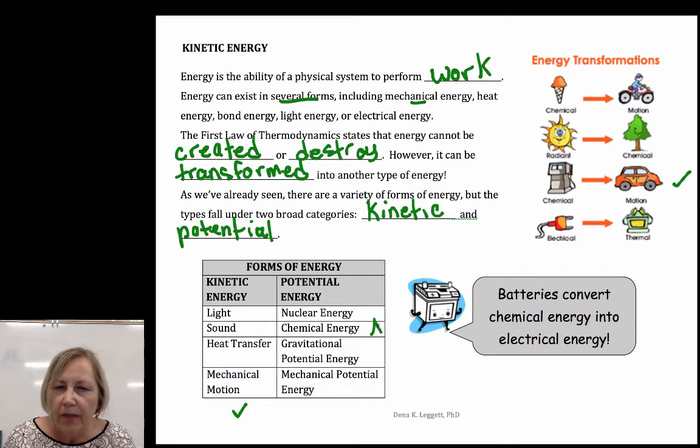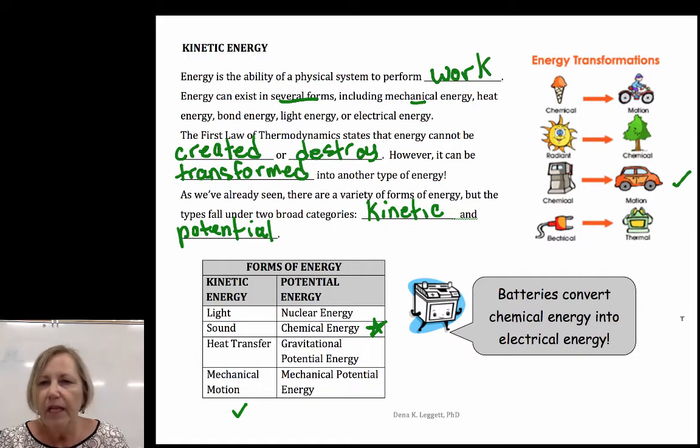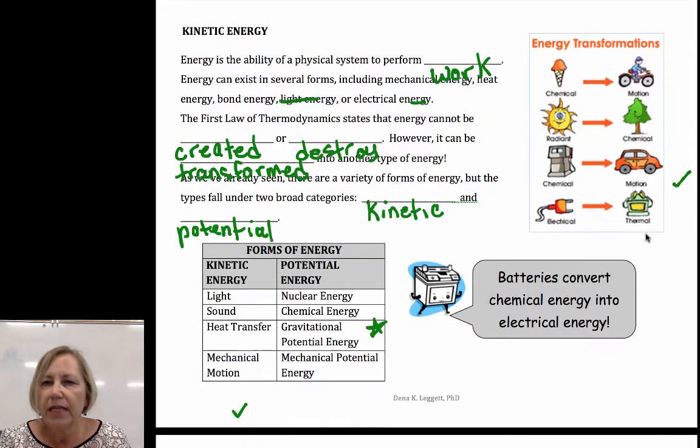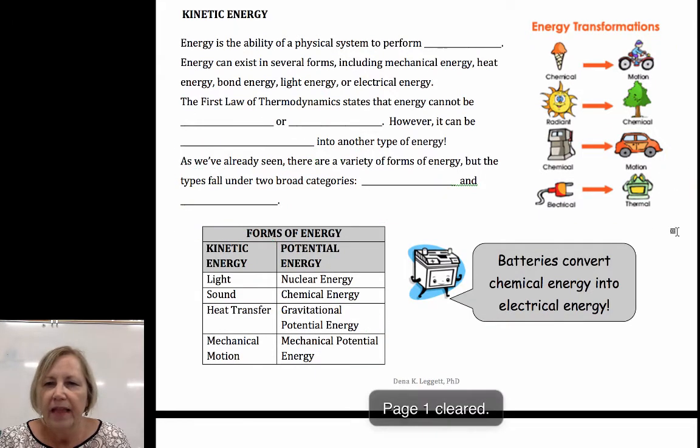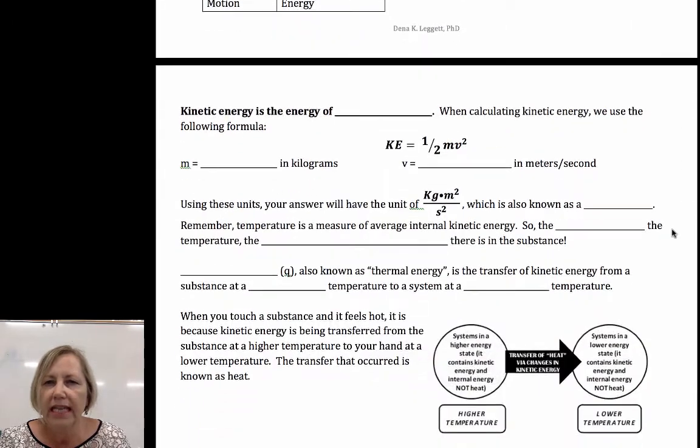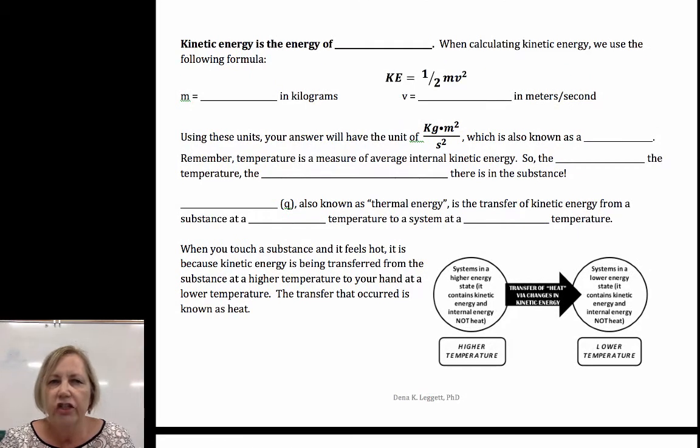And this chemical energy we have to be really careful of, and I want to address that in more depth. So let's take a look then at a little more detail on kinetic energy.